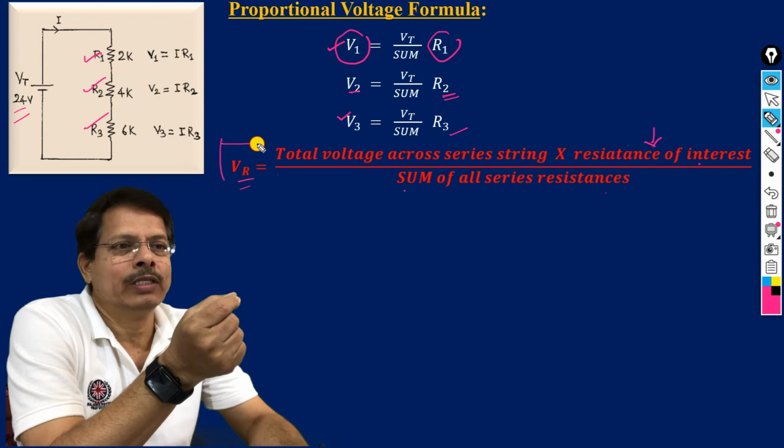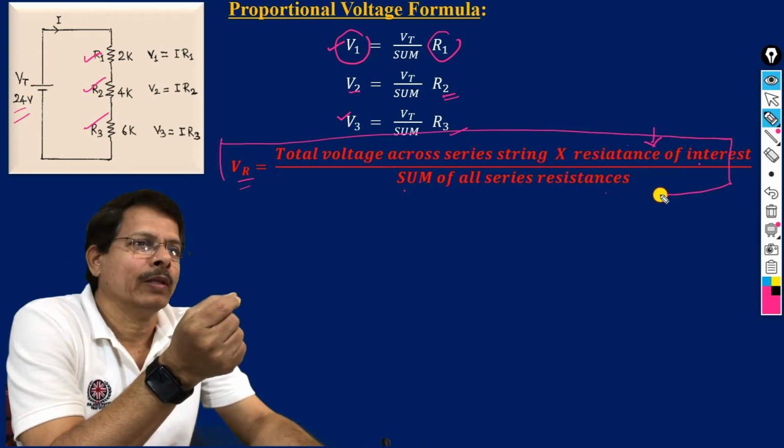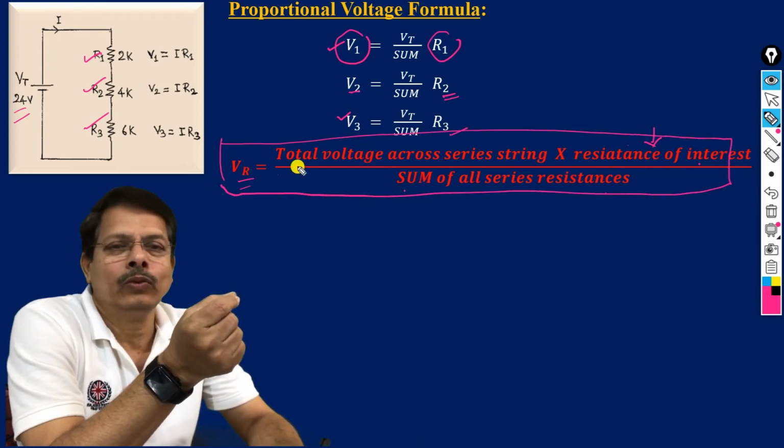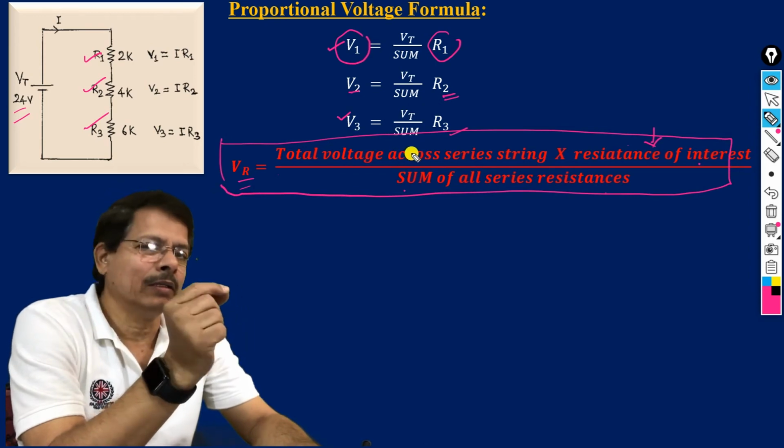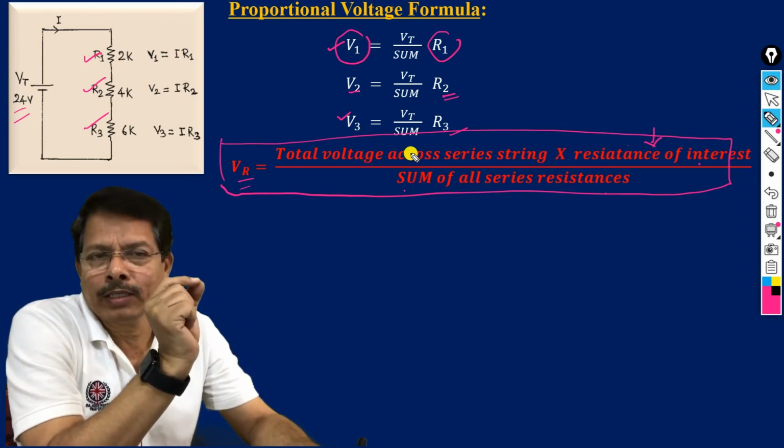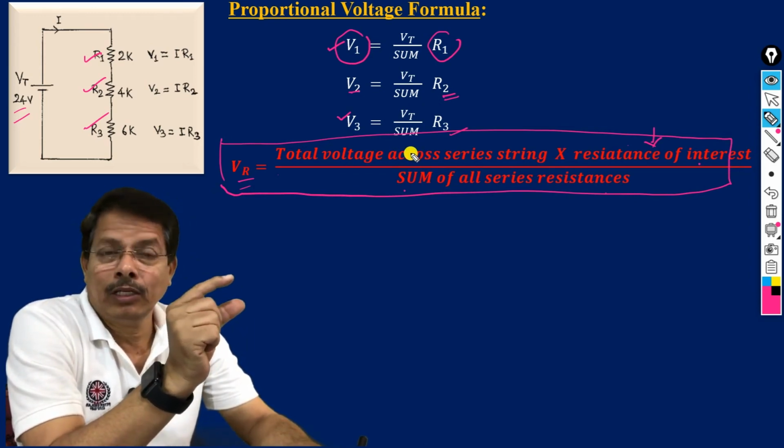So we get a very simple formula here, right? And you can use it for finding the voltage drop across any resistor in a series string.